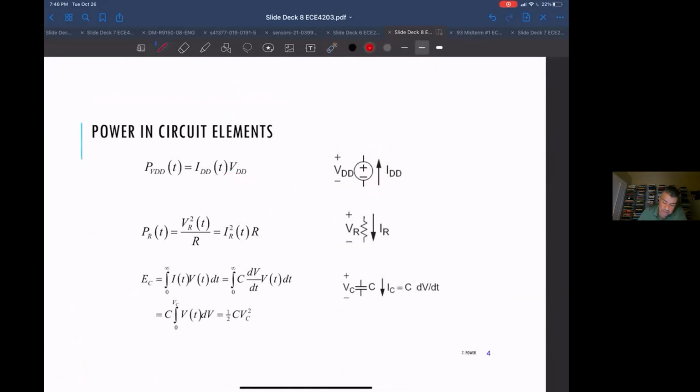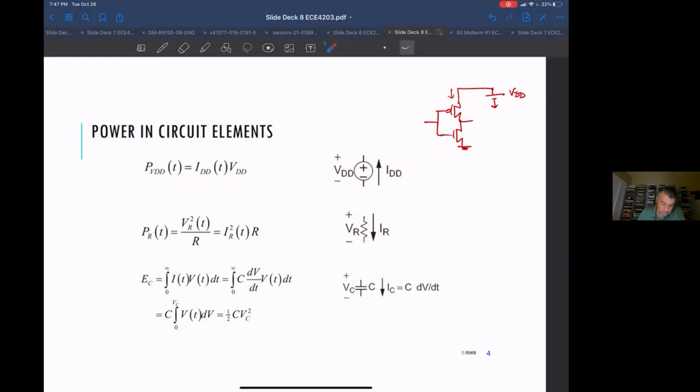So if you look at the power supply going to the CMOS inverter, depending on what the circuit is doing, this current will change, but the VDD itself will stay constant. So it's the time-dependent current on the supply times VDD, whatever that is.